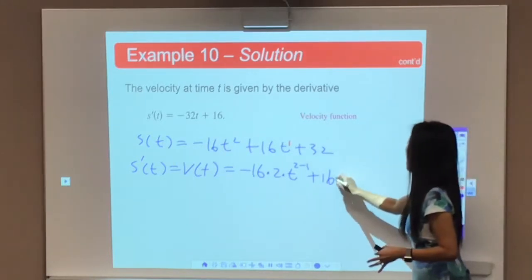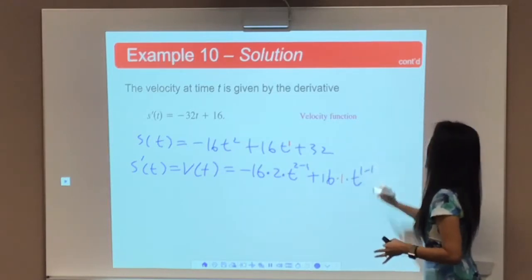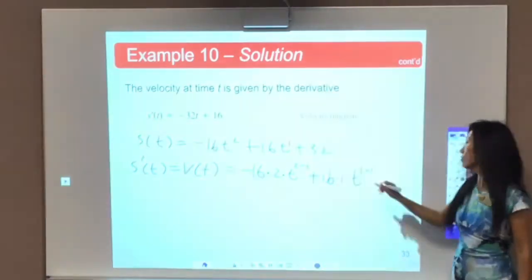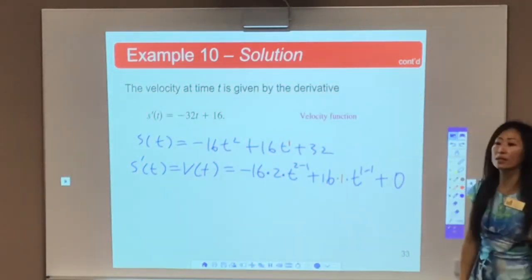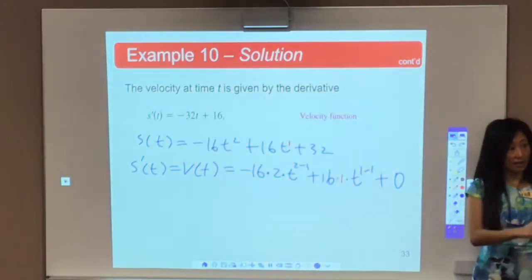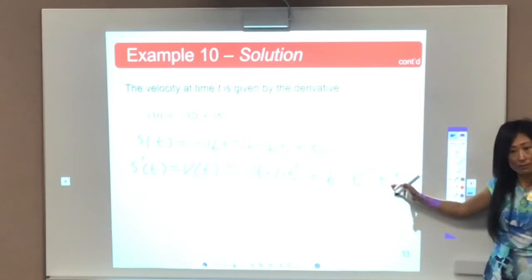So I'll do times 1, t to the 1 minus 1. And everybody knows the derivative of a constant is what? 0. So everybody following me? We did it yesterday, remember? The power rule and constant rule? I'm applying it right now in a real problem.